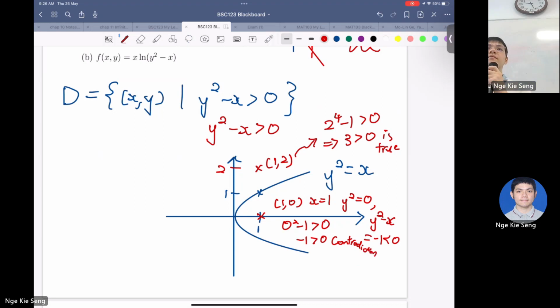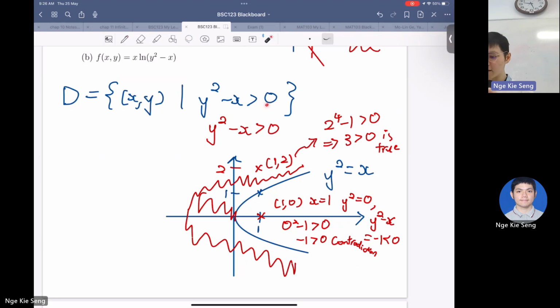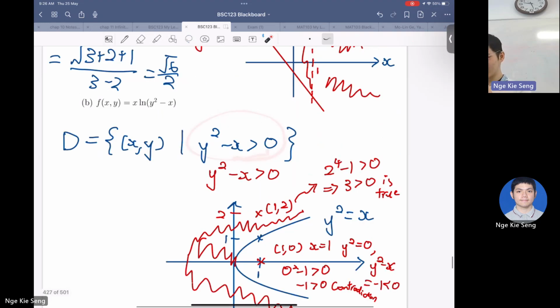So you need to take any point inside the shaded region, and then you verify that y square minus x is actually greater than 0. Is that okay? Question? Seems like I go a little bit fast already.